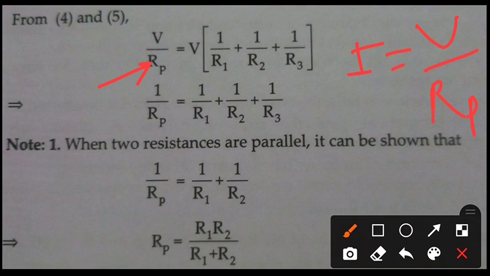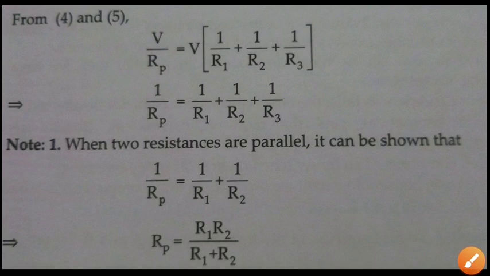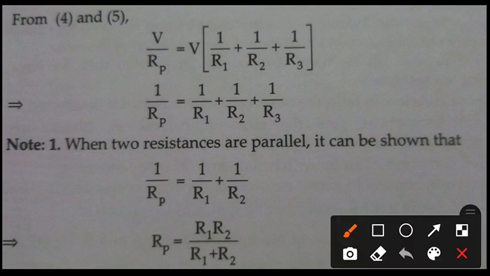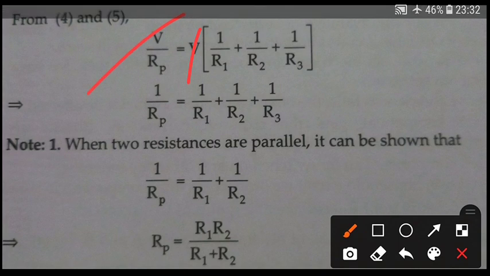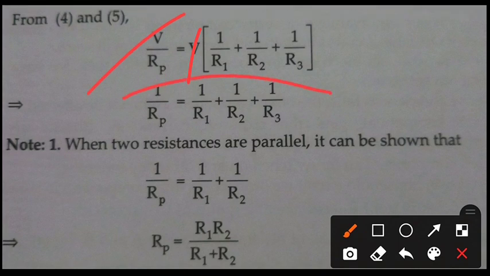Therefore this will be equal to this one. Here V cancels, and ultimately you will get this relation. In parallel combination, we connect the resistors in this way, and this is the formula to calculate the equivalent resistance.